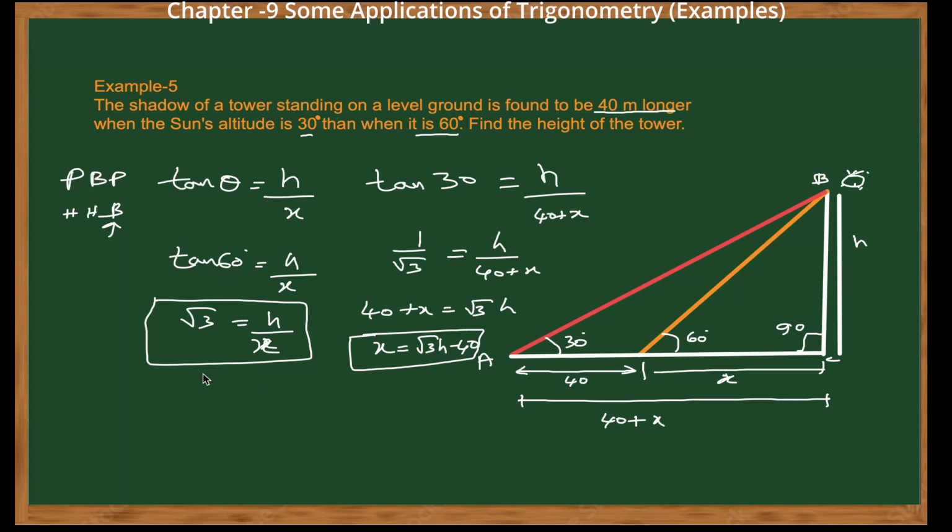Let's replace the value of x here, since we need to find the height. So h is equal to root 3 into x. We got x from here: root 3 into h minus 40. Root 3 into root 3 becomes 3h minus root 3 into 40.